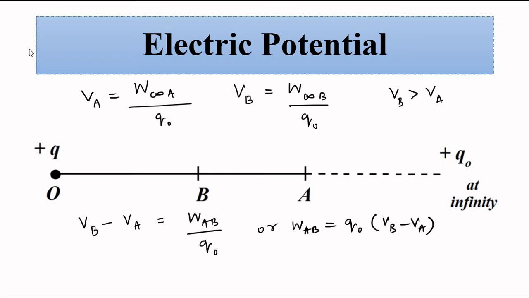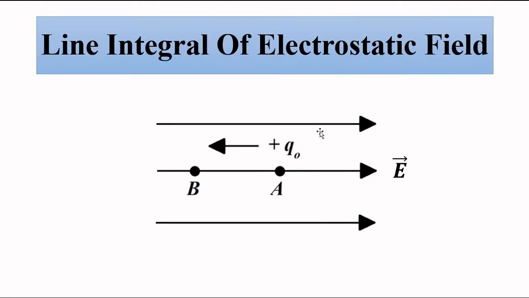Now we will extend this discussion and correlate it with the line integral of an electrostatic field. Let us assume that we have an electric field acting from left to right, and we have 2 points A and B, with B at a higher potential than A. These electric field lines are equally spaced and straight.